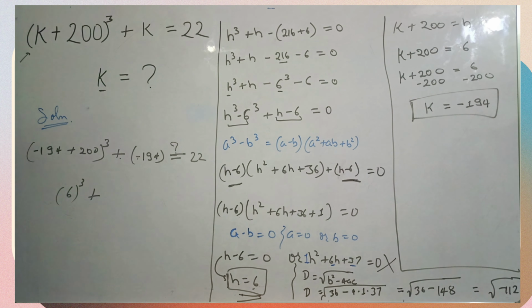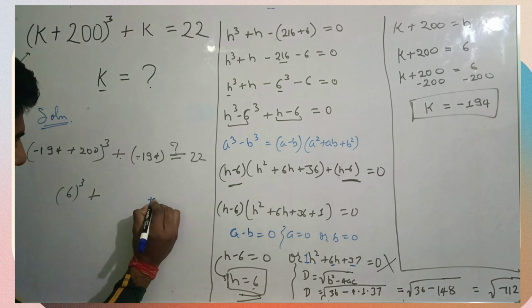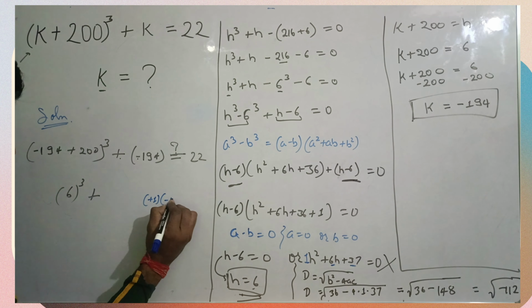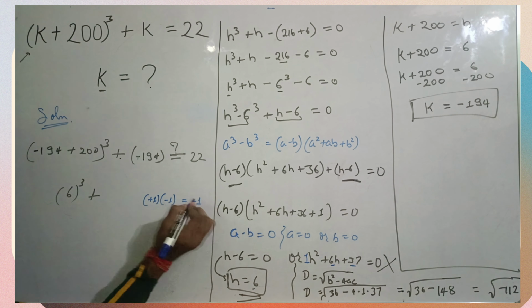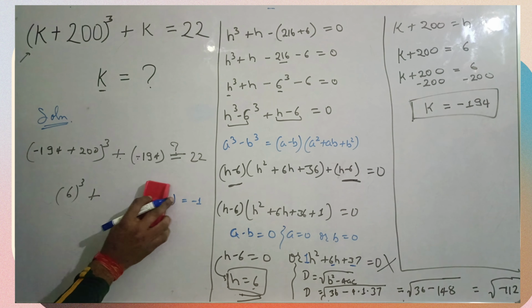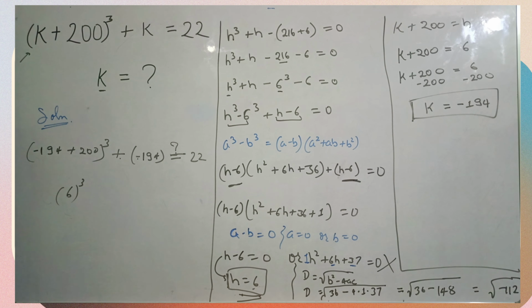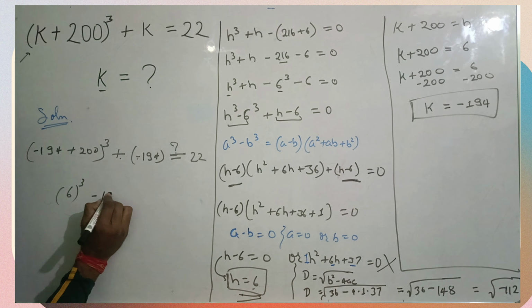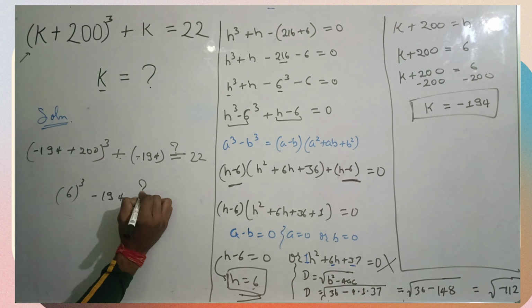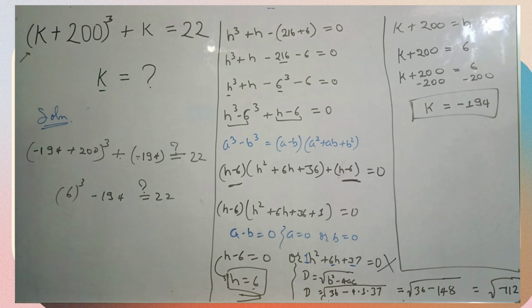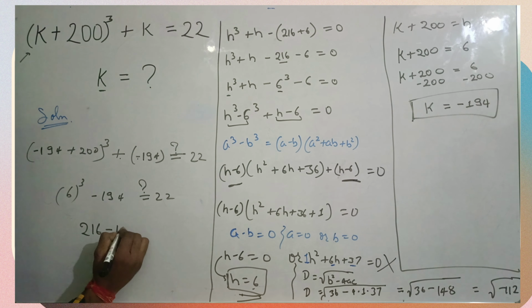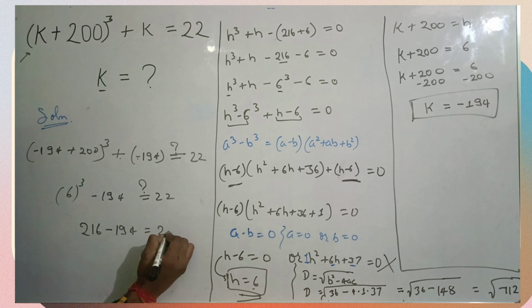Actually it is like plus 1 times minus 1, and this is equal to minus 1. So here we get the value as minus 194, and we are checking whether it is equal to 22 or not. So 6 cube is 216, and minus 194, is it equal to 22 or not?